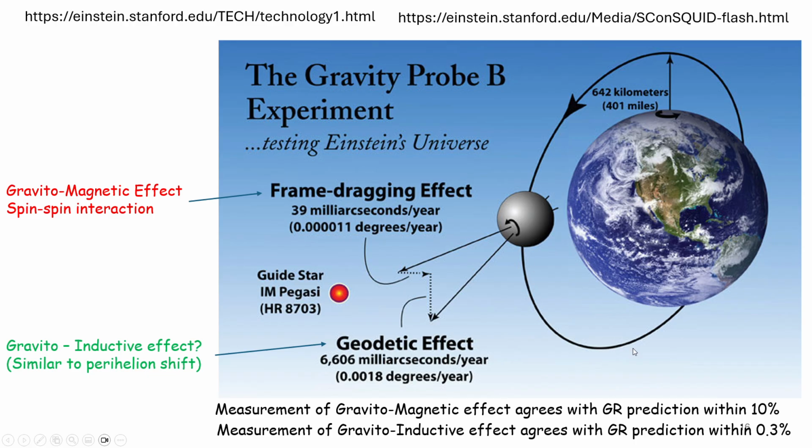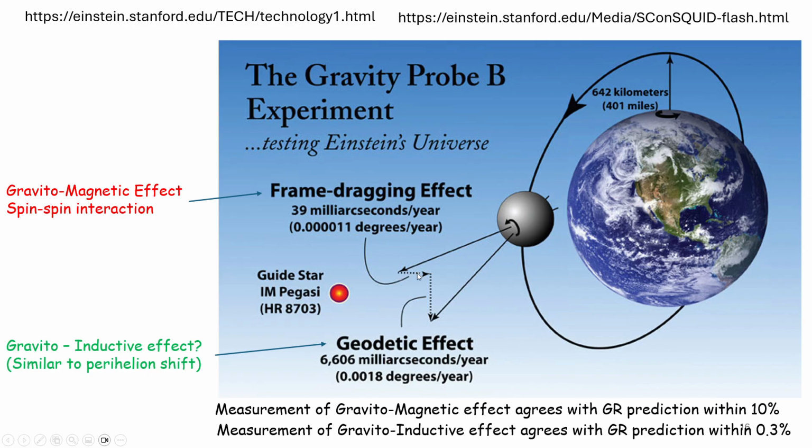So they measured, they let it orbit 5 times around Earth. They could then obtain a predicted value of general relativity and compare it to what they measured.